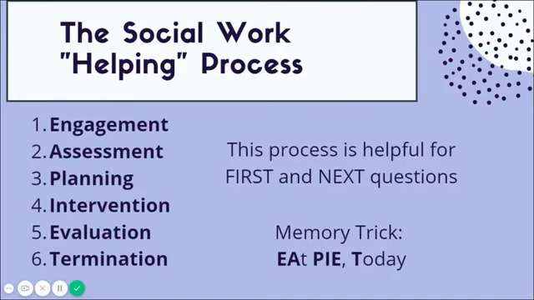This process is very helpful, like I said, when you are met with those first and next questions. And there is a little memory trick to help you learn the acronym for this process: EAT PIE. You can see all the letters you need to know in the acronym are highlighted, EAPIET. So engagement, assessment, planning, intervention, evaluation, and termination.